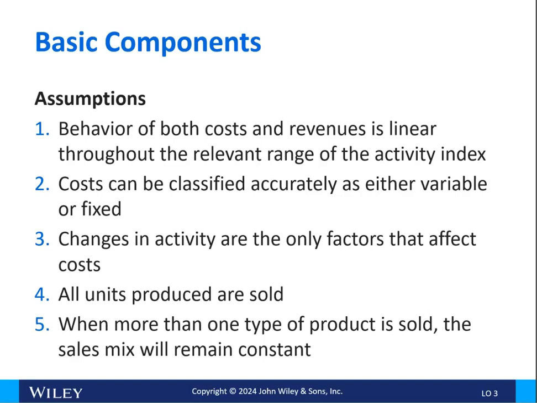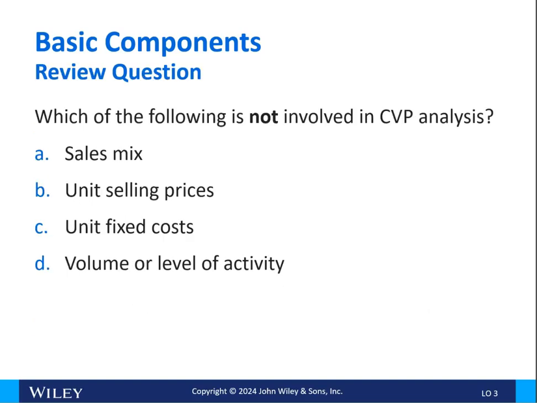Changes in activity are the only factors that affect costs. All units produced are sold. And when more than one type of product is sold, the sales mix will remain constant. These are some pretty big assumptions, but we're going to use these as assumptions to understand the concepts and go through these examples.